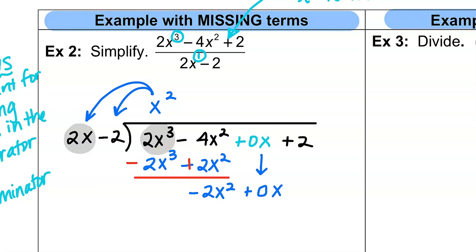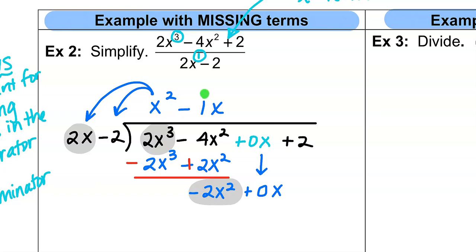What do you multiply 2x by to get negative 2x squared? Negative 1x. Now I am going to distribute it through, but I'm not going to draw the arrows.